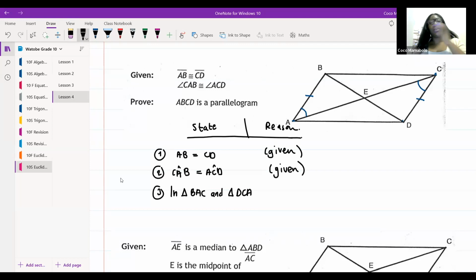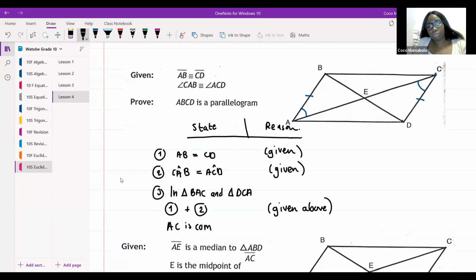In triangle BAC, CDA, and then I'm going to write here, just to make sure that we're doing the right thing, statement 1 and statement 2 are given above, because that also helps us with our proof. They're given above, and then we can say that AC is common in both of these triangles.